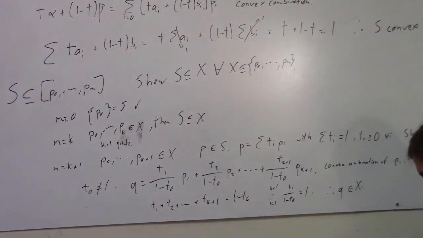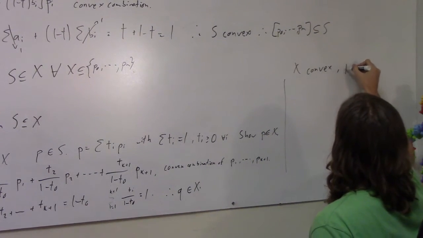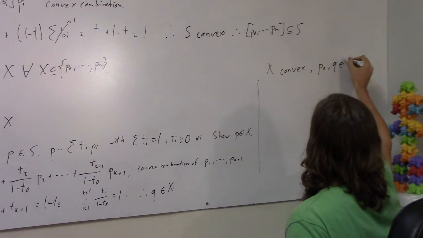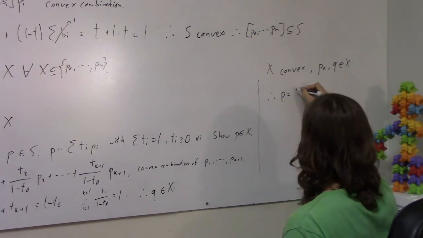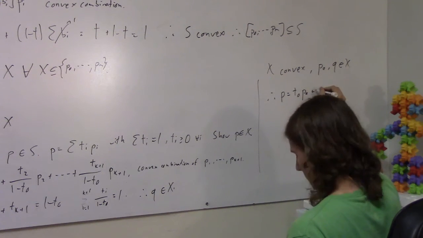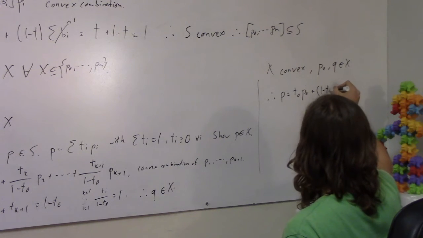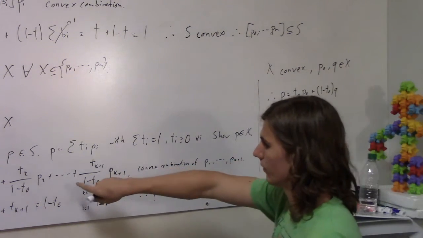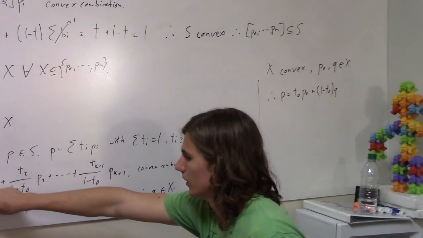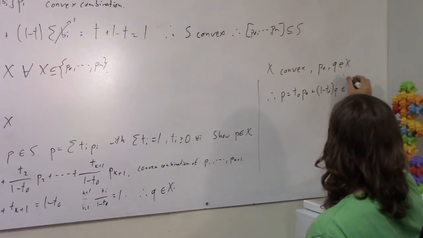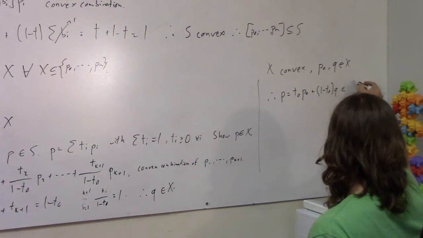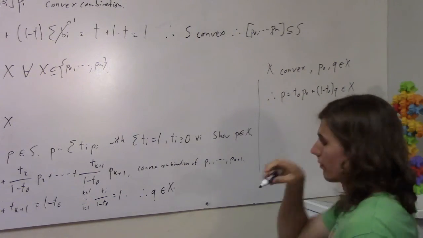And then, since X is convex, we know that P naught and Q are elements of X, therefore P, which is equal to T naught times P naught plus 1 minus T naught times Q, from how we defined Q, is an element of the line between P naught and Q, which is an element of X because X is convex.